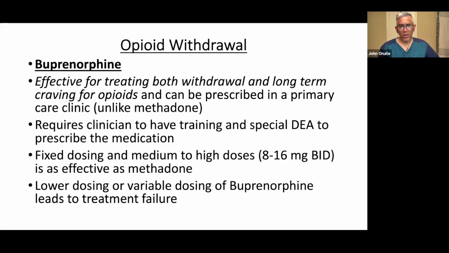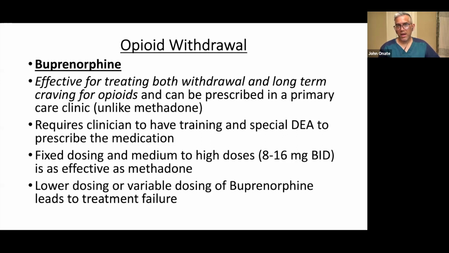Typically it's used to treat non-complicated opiate withdrawal. Nowadays, a lot of times we do it at home, but you may get the first dose or two in the office.